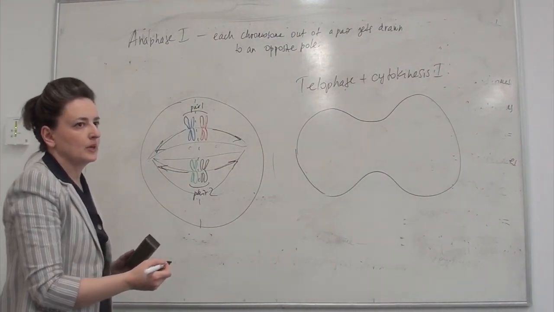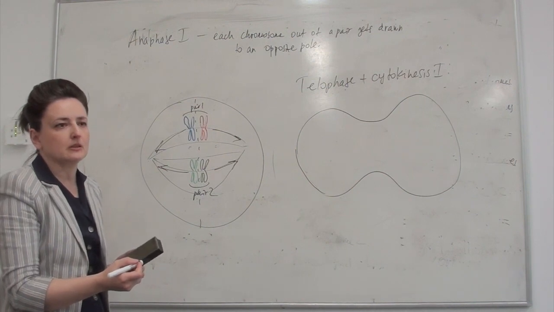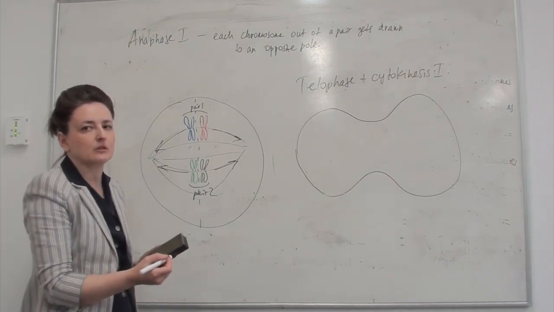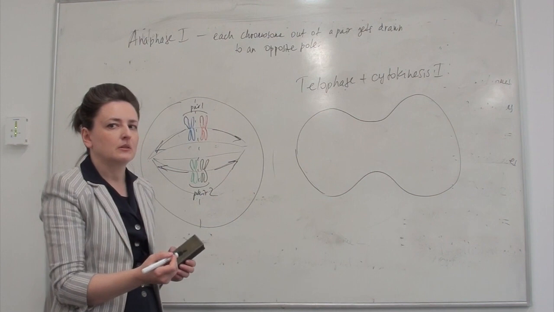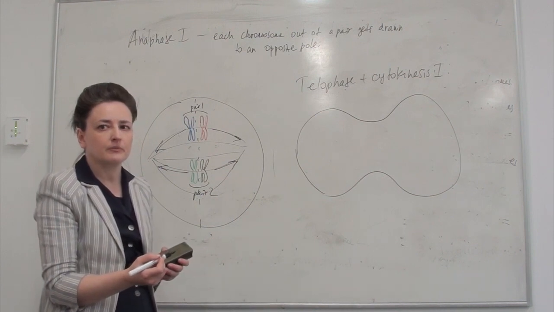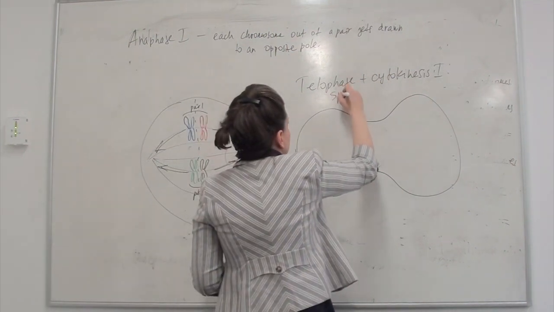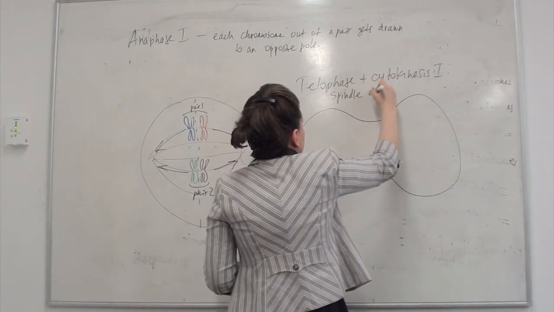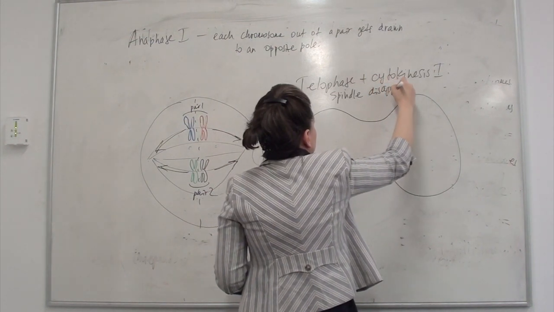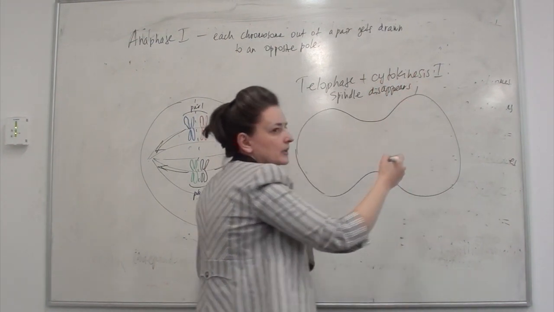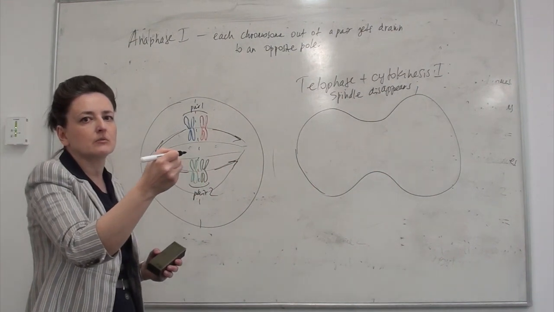So what would normally be happening in telophase? Again, from mitosis, what would you typically associate with telophase? The spindles have disappeared. Right, spindle disappears. What else is happening? Somebody's saying something about nucleus.